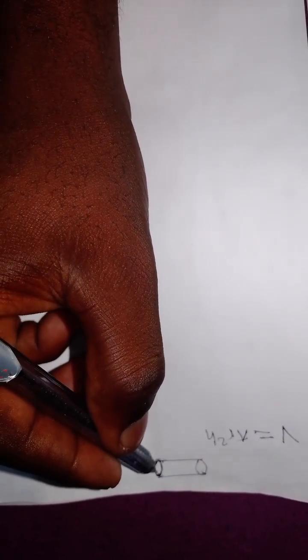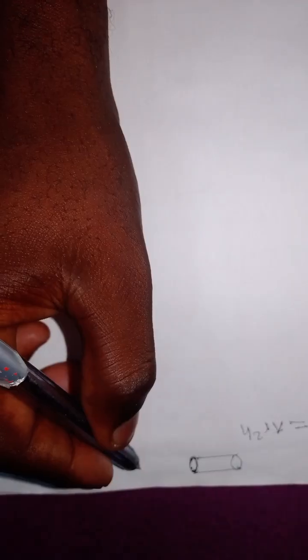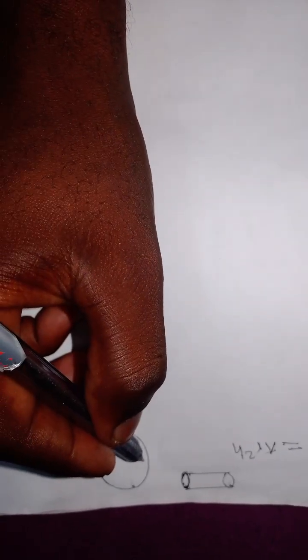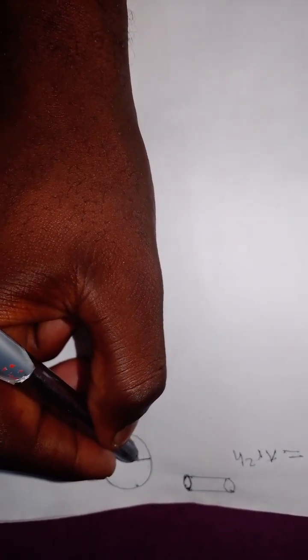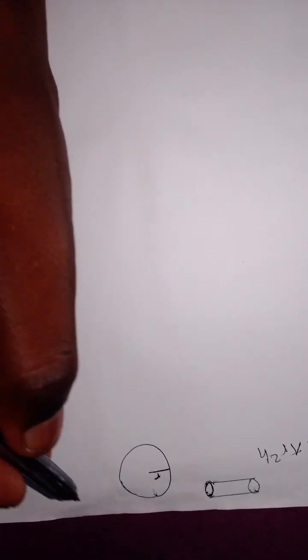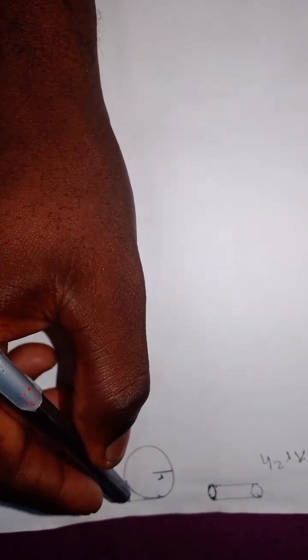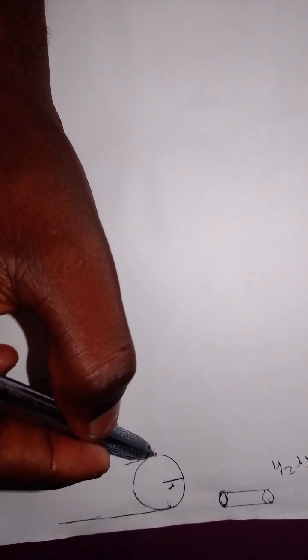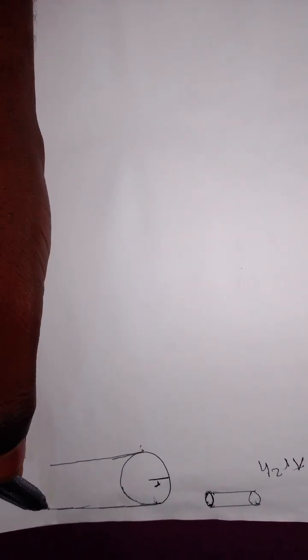Okay, so this is the radius. Let us draw a bigger one. The distance from there to there is called the radius. This is the radius, and then it goes like that.